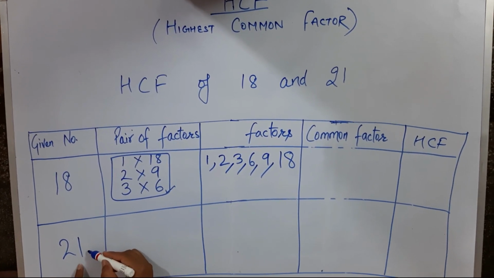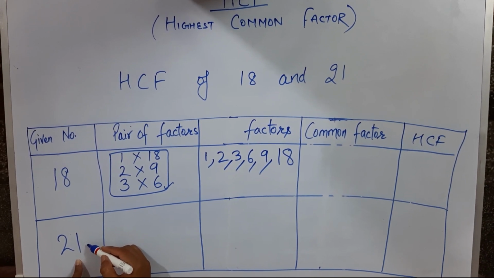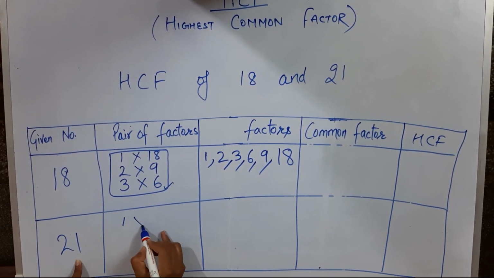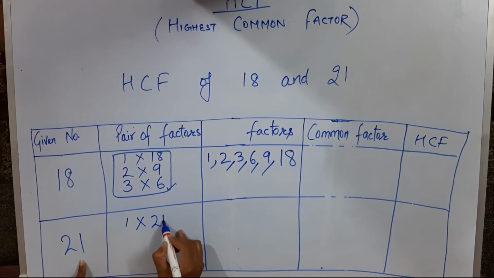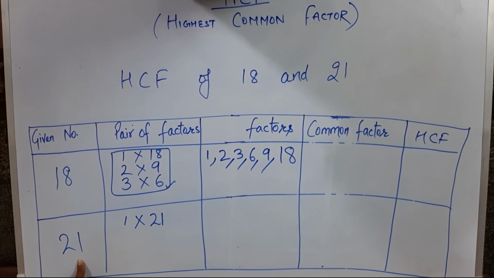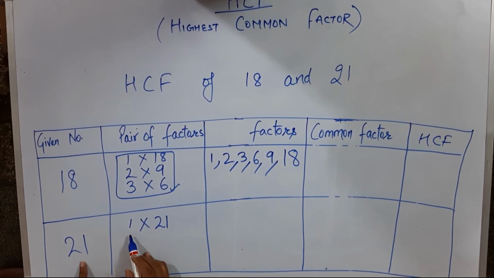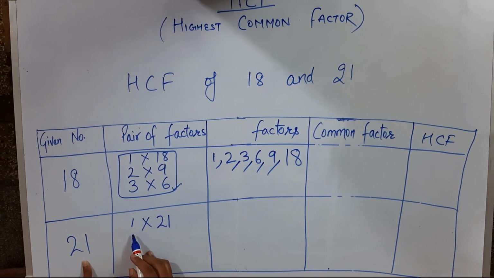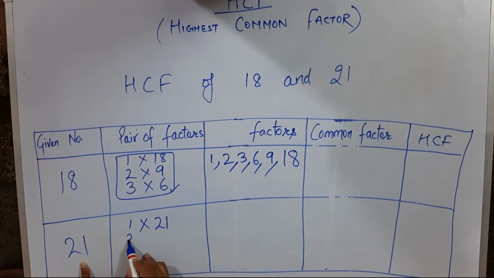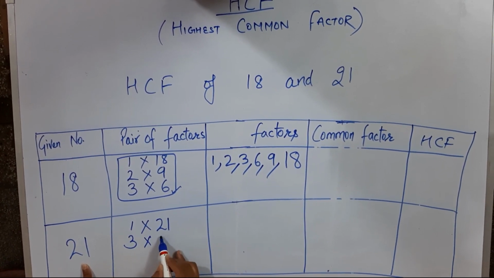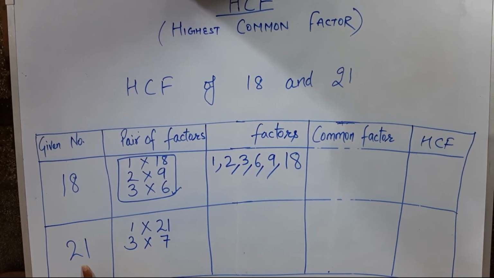Similarly, I will find the pair of factors of 21. 21 comes in the table of 1. 1 multiplied 21 is 21. Then it doesn't come in the table of 2. After that it comes in the table of 3, 3 7 ja 21.